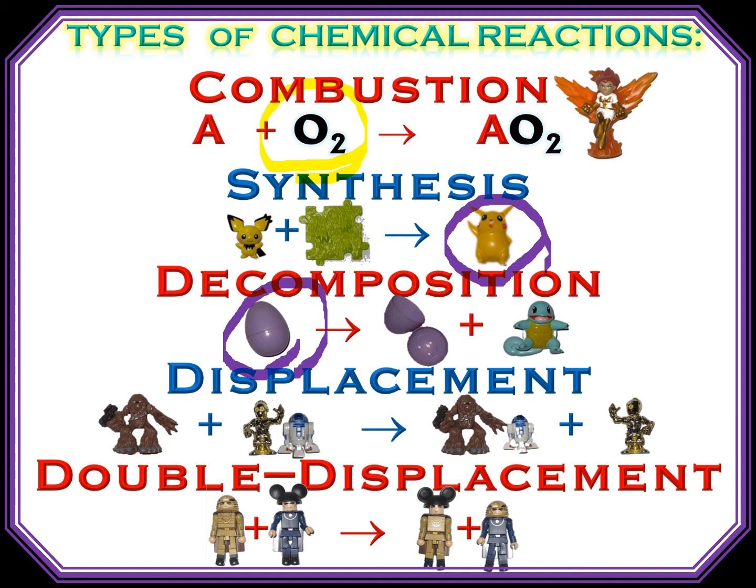If you get something coming along and bumping something out into the cold, that is displacement. If both things get bumped, in other words, if you switch hats, well, that's double displacement, where the cation winds up with the opposite anion, and vice versa.